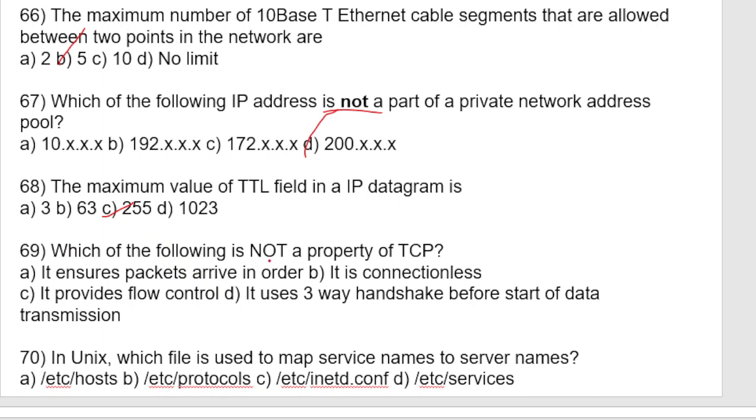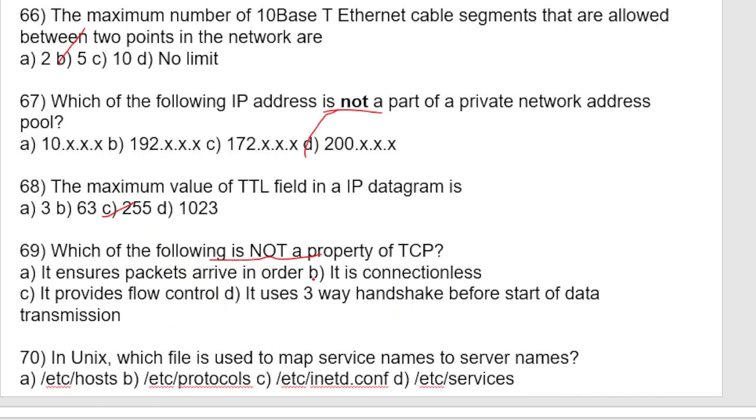Which of the following is not a property of TCP? It ensures packets arrive in order. It is connectionless. It provides flow control. This is asking for not a property. It uses a three-way handshake before starting data transmission.